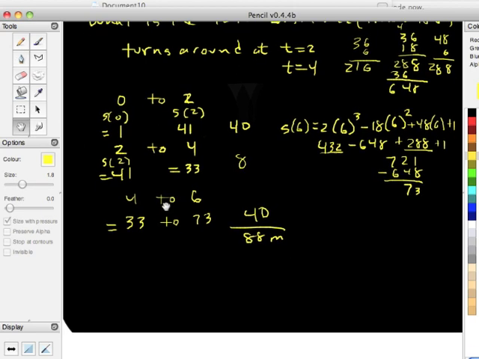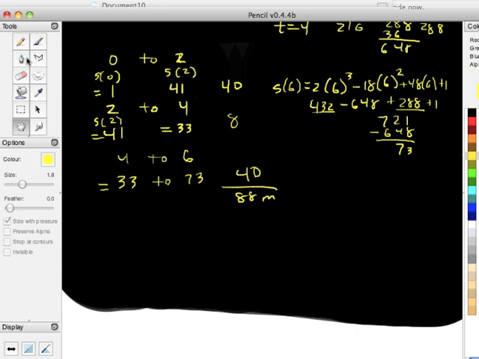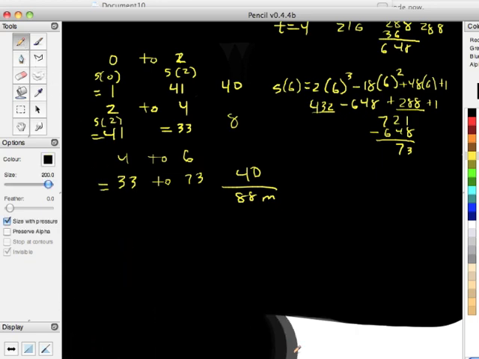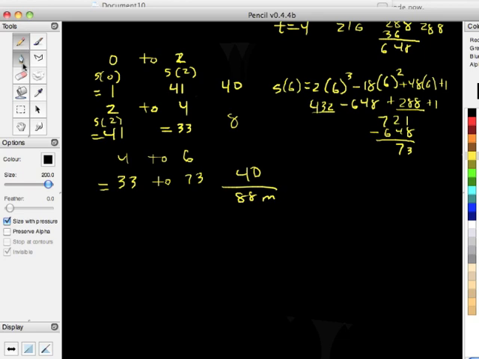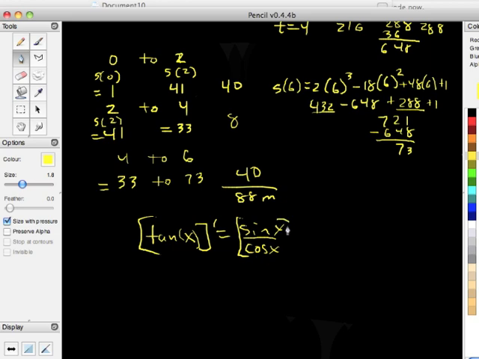Now, for the derivative of tangent, this is really important because if you do this yourself, you own this. So what is tangent of x prime? This is sine of x over cosine of x prime.